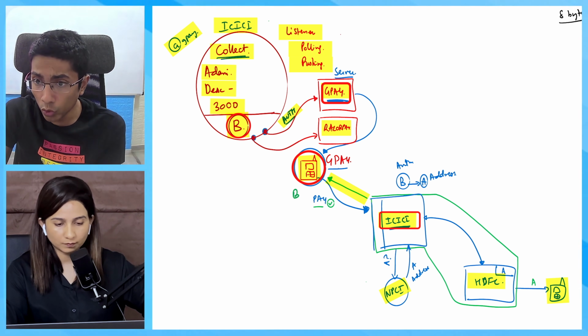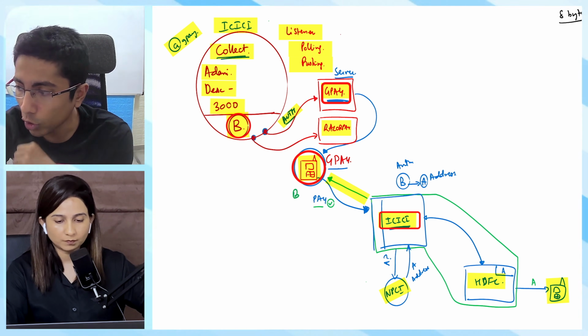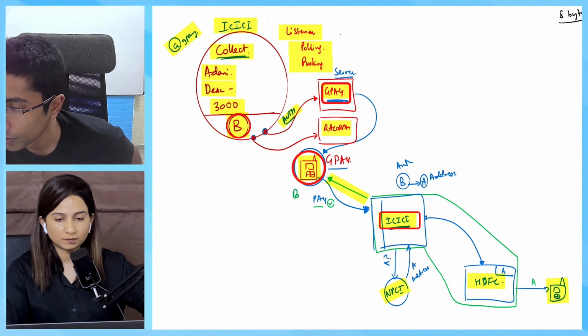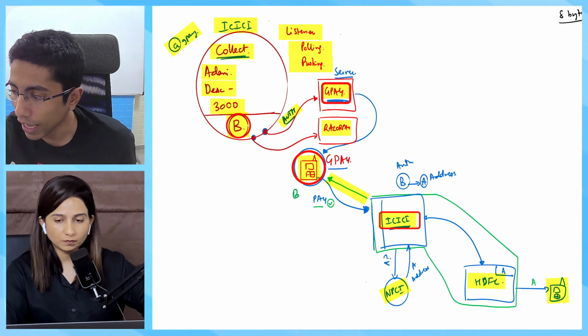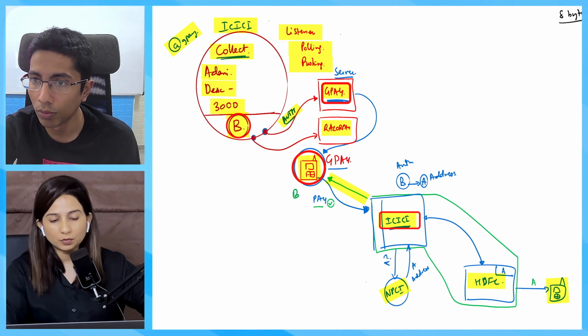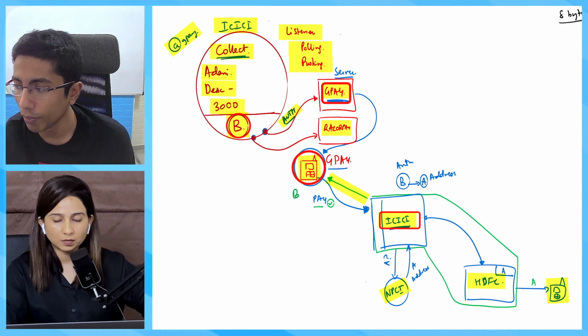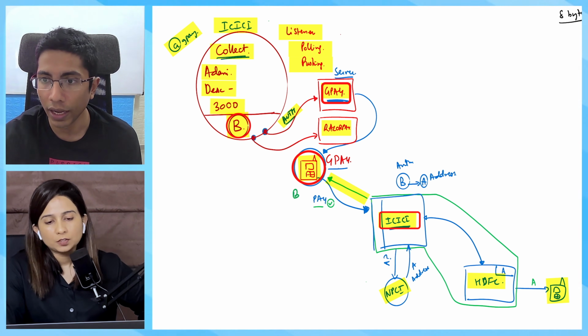So ICICI says, who the hell are you? Some sort of authentication has to happen beforehand, before it can start pulling requests from here. And I think that authentication happens in the app itself. The first time when you register your address, that time you are basically authorizing this server to connect on your behalf.